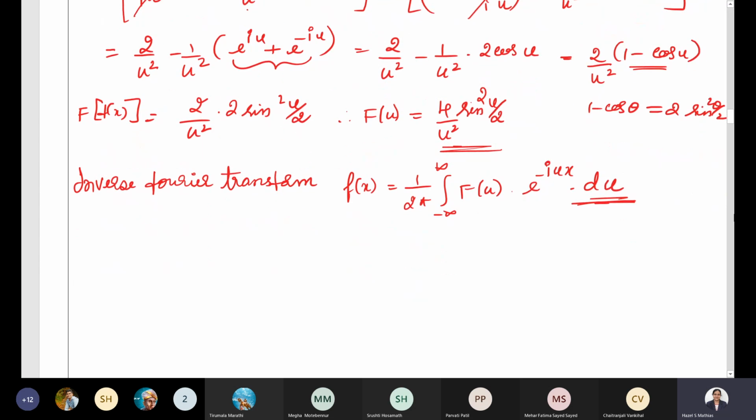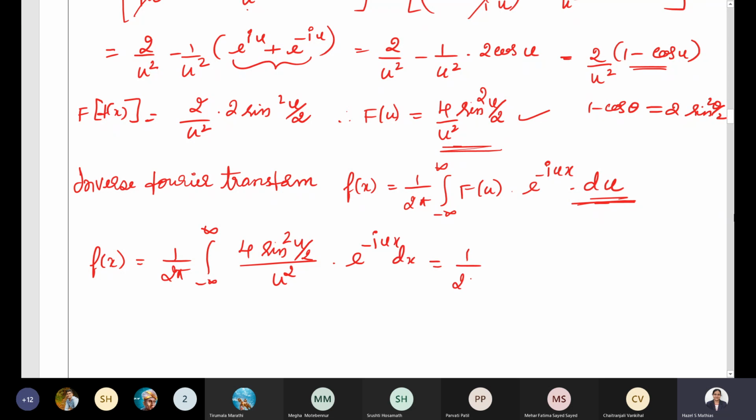Now let's substitute all the values. So what do we get over here? f(x) is equal to 1/2π integral from minus infinity to plus infinity. You can write f(u), f(u) is over here. So you will get 4 sin²(u/2) divided by u², into e^(-iux) du.